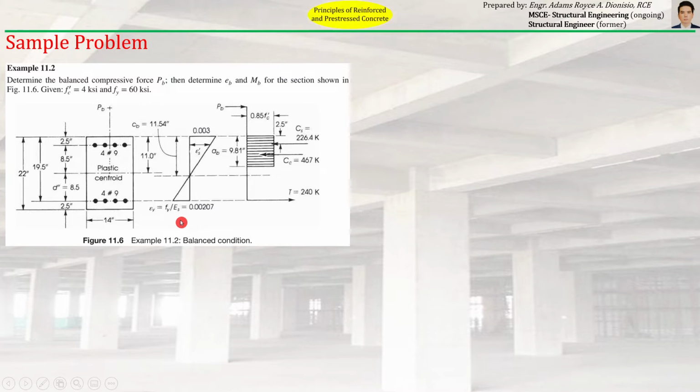If you compute that yield strain, it is just equal to 0.00207.